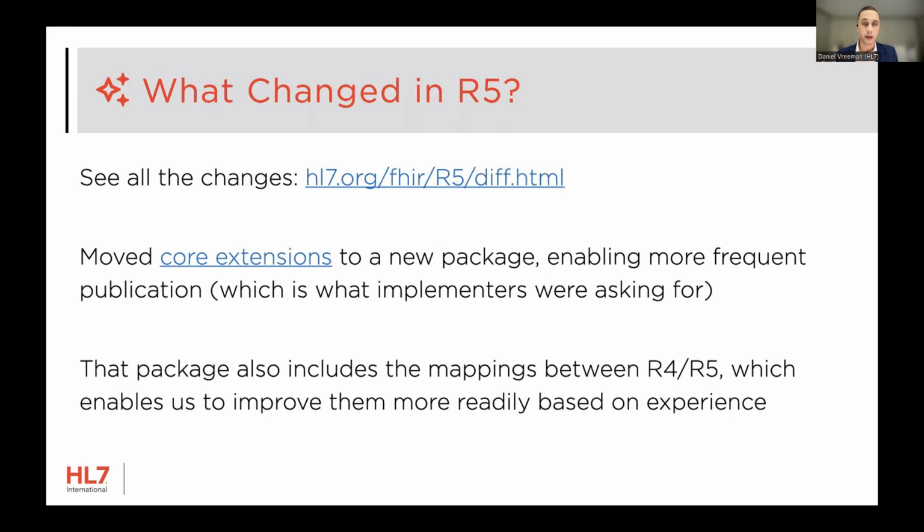And that package also includes the mappings between the prior release, release 4, and R5, which means that we have the ability to improve those mappings more readily based on the experience from the implementer community.